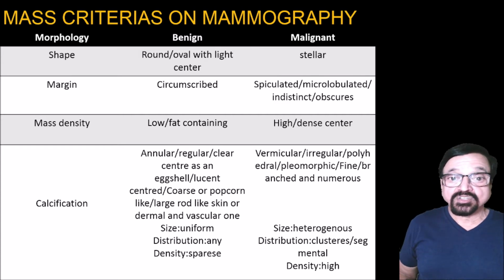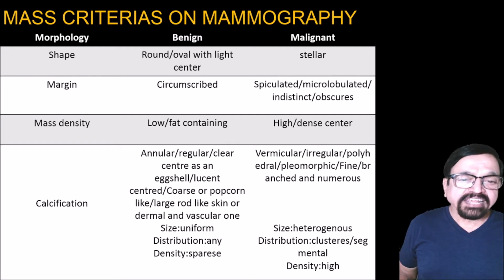Mass density is low or fat containing in benign, while higher and dense in malignancy. Calcifications in benign lesions are annular, regular, clear centered such as eggshell, lucent centered, coarse or popcorn like, large rod like, skin or dermal or vascular. The size is uniform, distribution is any, and the density is sparse.